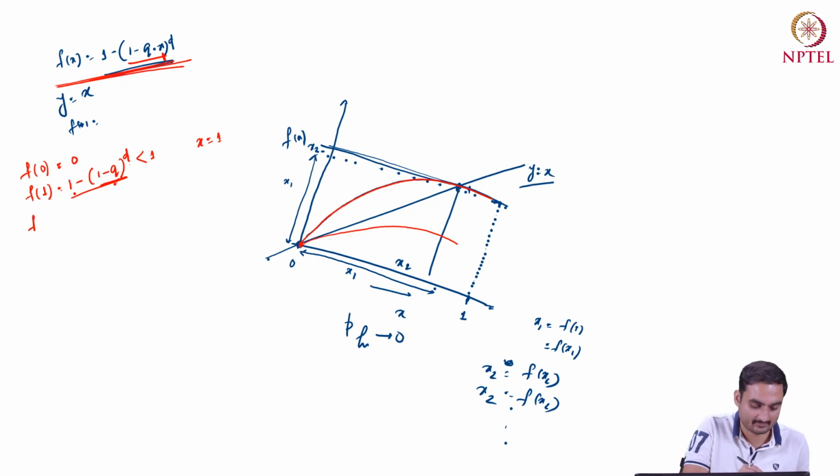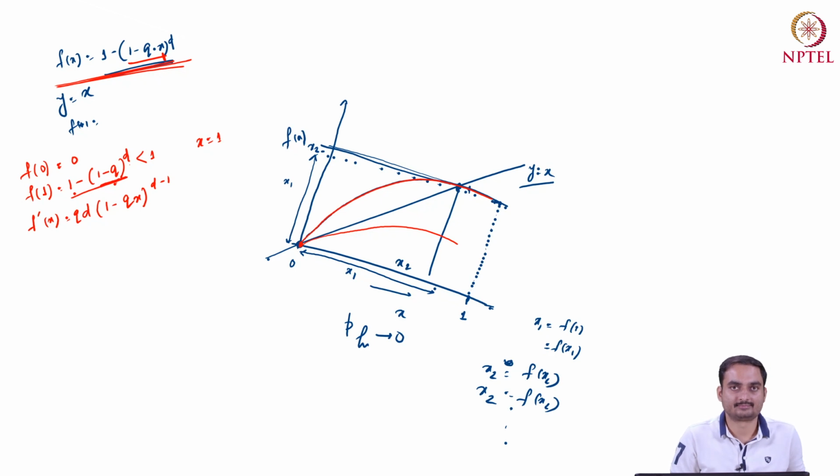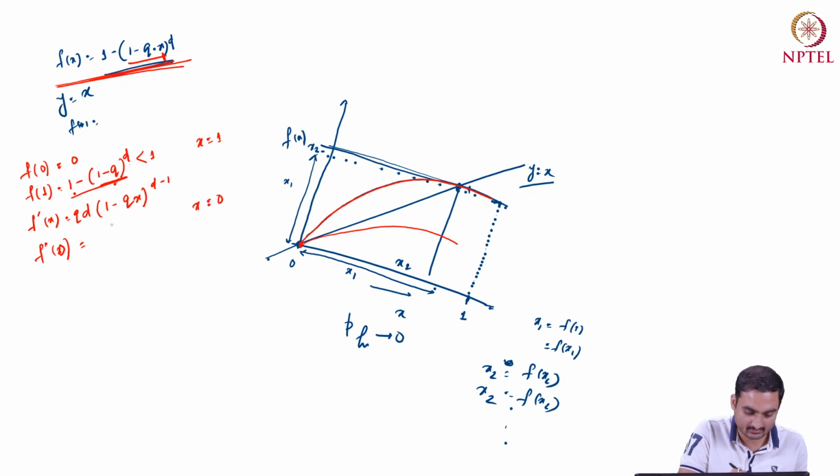Now let's take the derivative, f dash of x, which would be d times... What is f dash of 0, at x equals 0? This would be q times d. Okay, so now let's look at this one.